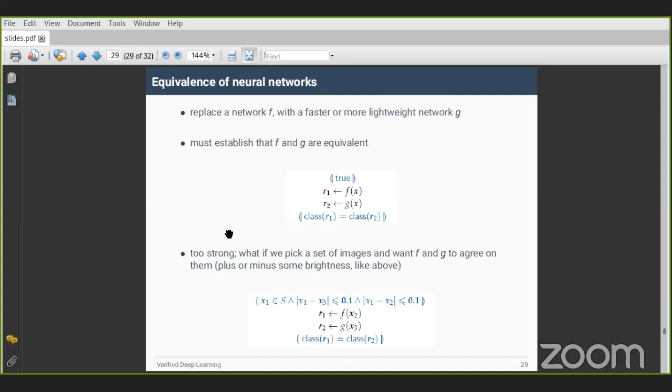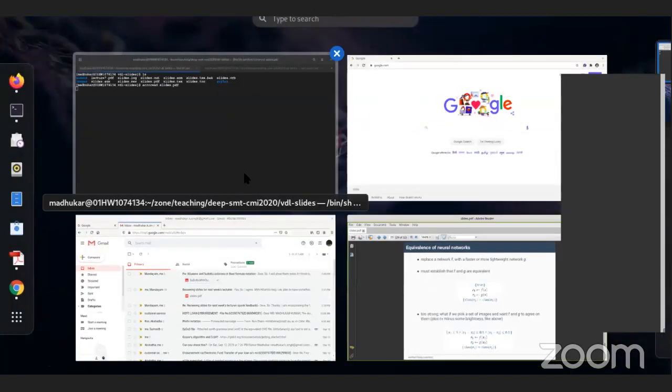Yeah. So I can construct a small example, which is what I'll try to do here.